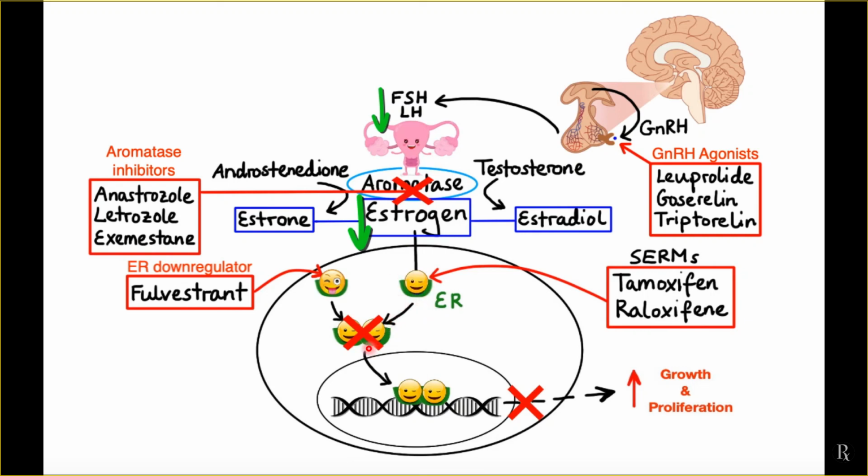Then two of these receptors activated by the estrogen will go to the dimerization, and this dimer will enter the nucleus and affect the transcription and translation of the genes. And normally that leads to the growth and proliferation, because estrogen is a hormone that increases growth.